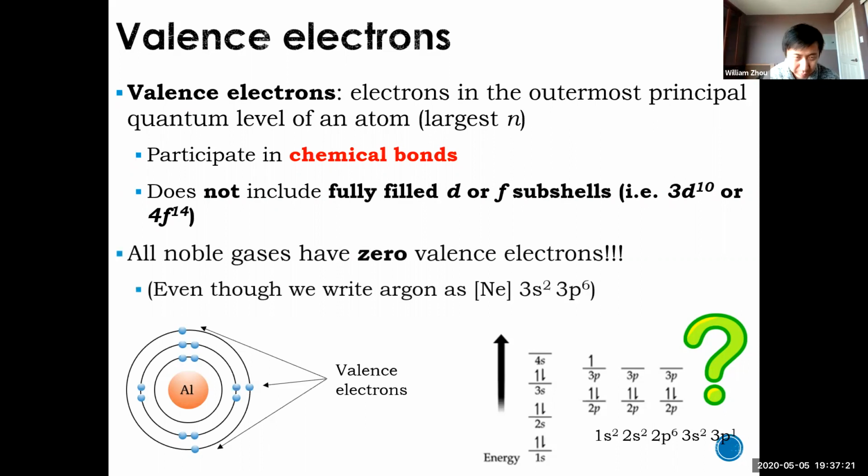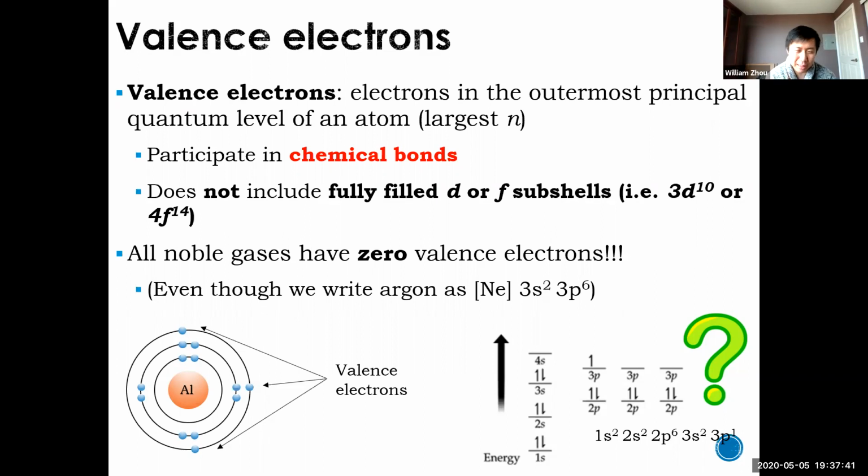And lastly, if you have a noble gas, you have 0 valence electrons. In grade 10, we said that noble gases have 8 valence electrons. Well, that's a white lie. We lie to you a lot prior to grade 12.